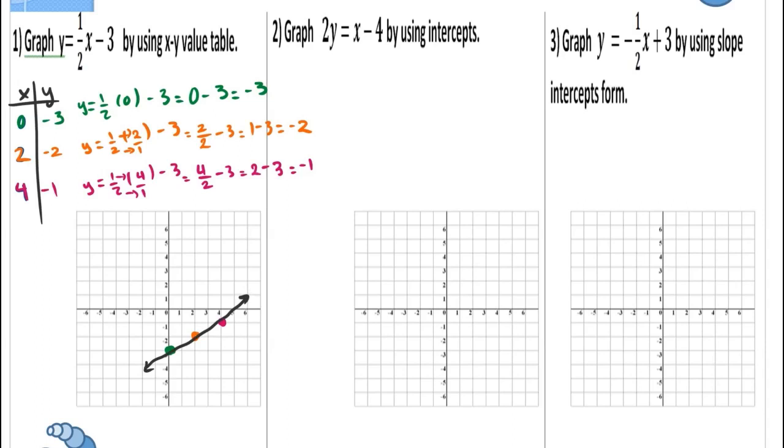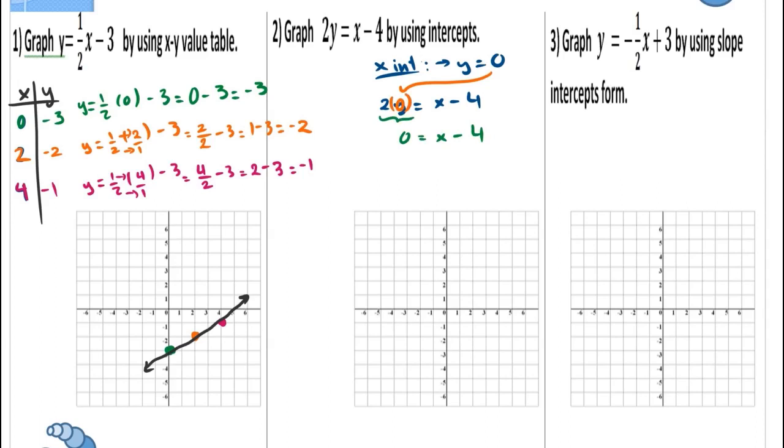Now problem 2, we're going to graph by using intercepts. We have 2 intercepts, the X intercept and the Y intercept. To solve for the X intercept, you're going to set y equal to 0. 2y equals x minus 4, and y is 0. So we're going to replace y by 0. 2 times 0 is 0, equals x minus 4.